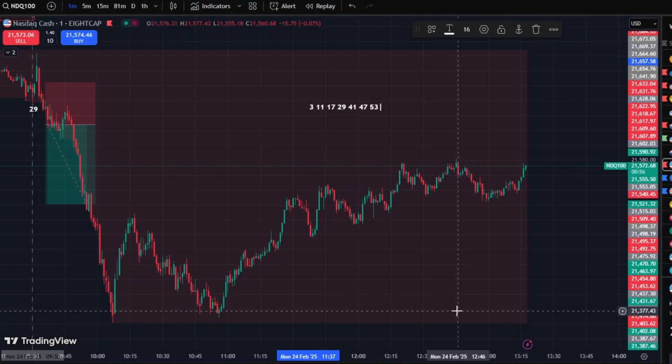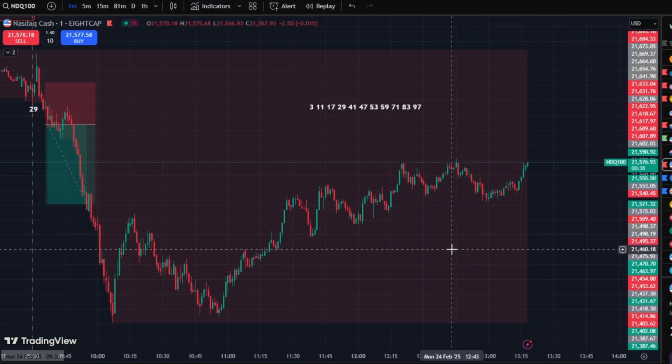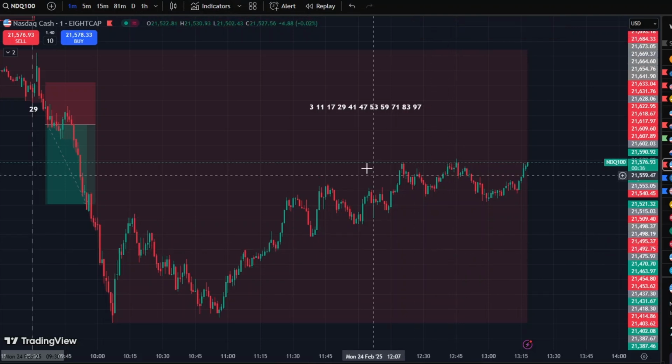So 50 is the equilibrium. And 97. So those are the numbers of Goldback levels.